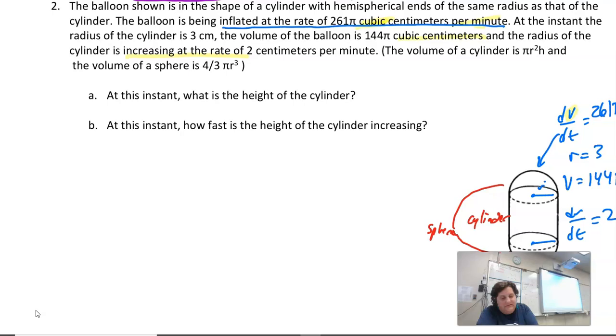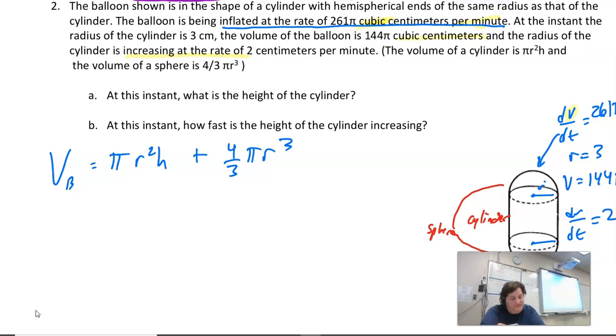So the volume of this entire balloon, the whole thing, is the cylinder plus the sphere. So it's like one cylinder, one sphere. At this instant, what is the height? What is this one asking me for? It's asking me to find h.